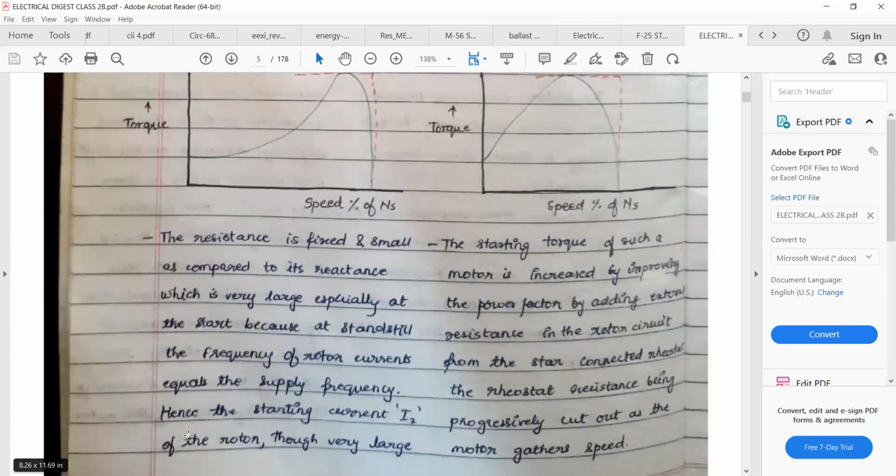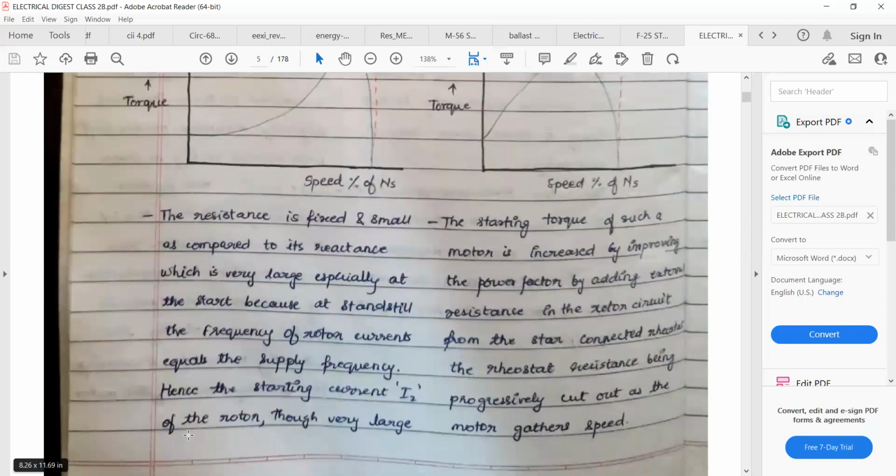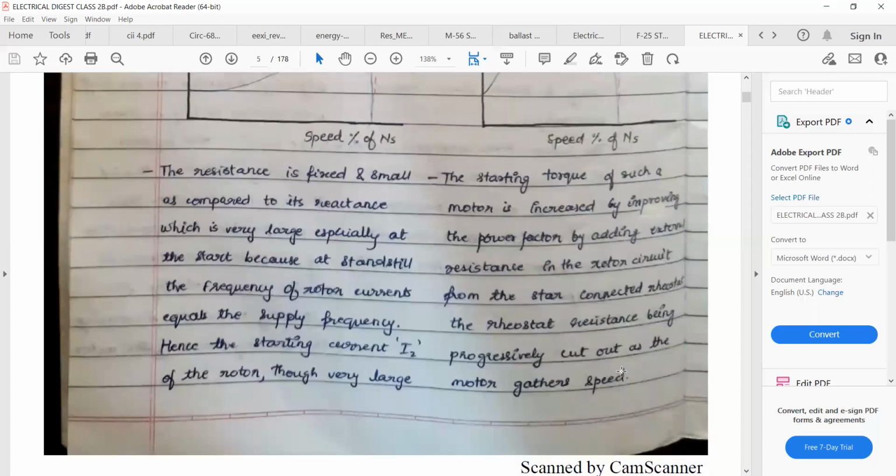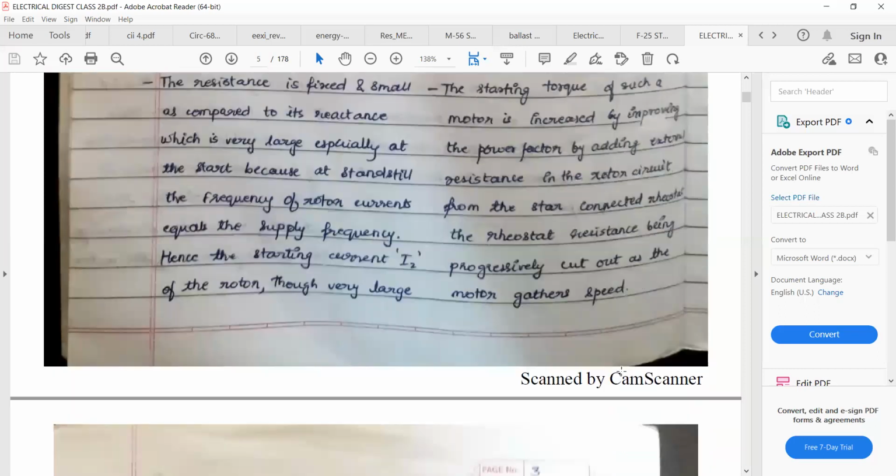Now we are going to look at the wound rotor. The starting torque of such a motor is increased by improving the power factor by adding external resistance. In this, you can add the external resistance in the rotor circuit from the star connected rheostat, the rheostat resistance being progressively cut out as the motor gathers speed.